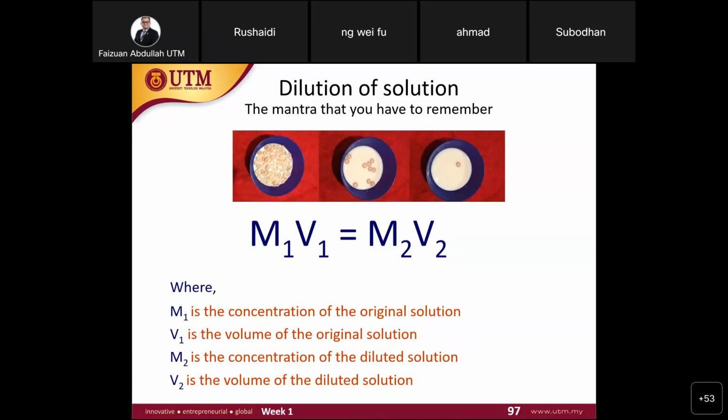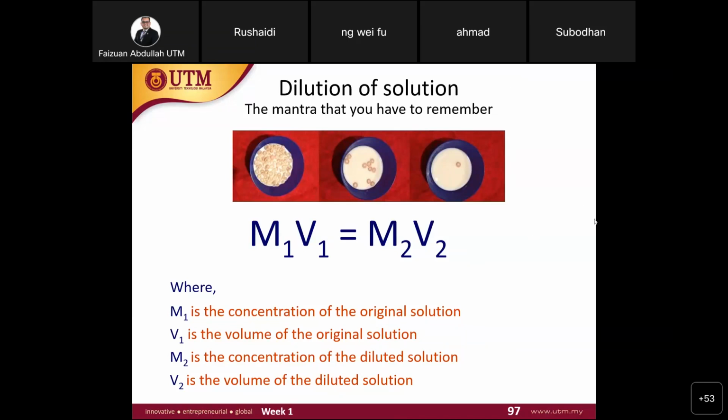So what is the volume of the original solution that you need to take to put in the volumetric flask up to 100 ml, going from 1 molar to 0.5 molar? Can anybody answer the question?